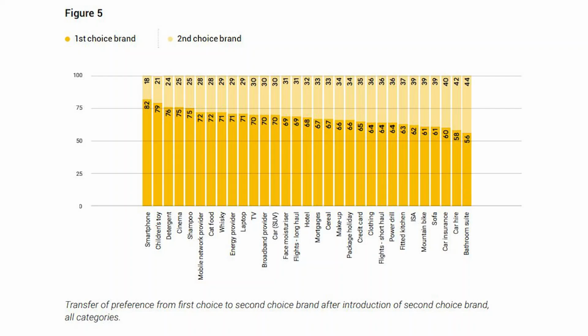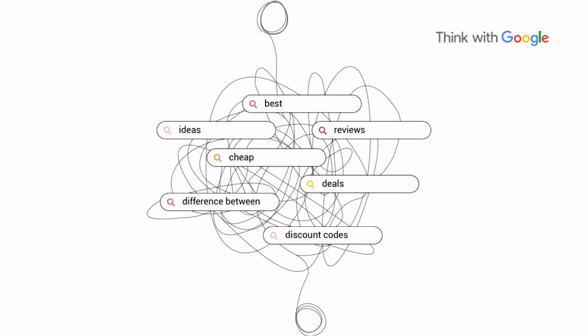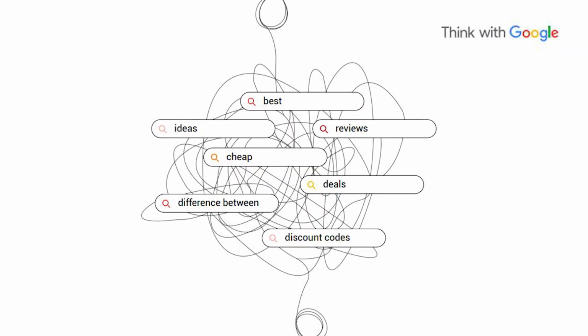Here's Google's chart of the transfer of preference from first choice to second choice brand after introduction of the second choice brand by product category. So by overusing negative keywords, you can prevent your brand from appearing in the messy middle, reducing the number of touch points and visibility, and thus reducing the effectiveness of your ads.